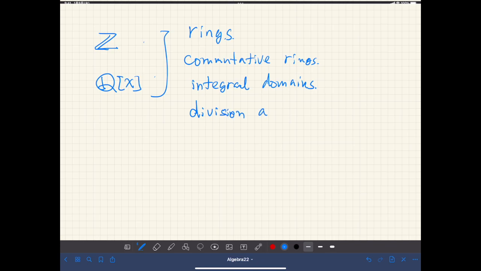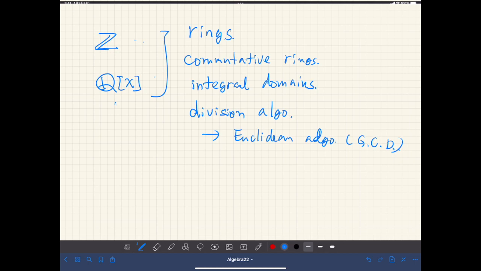Division algorithm. And therefore, we could derive the Euclidean algorithm to find the greatest common divisors, either greatest common divisors of two integers or greatest common divisor of two polynomials.